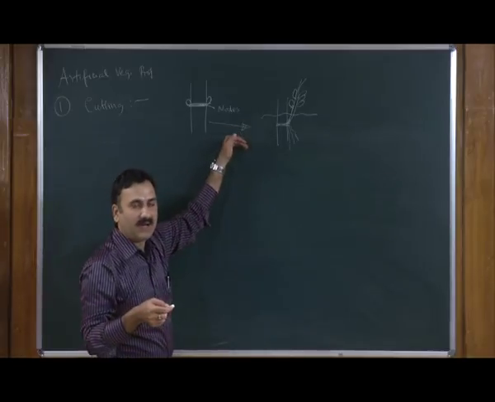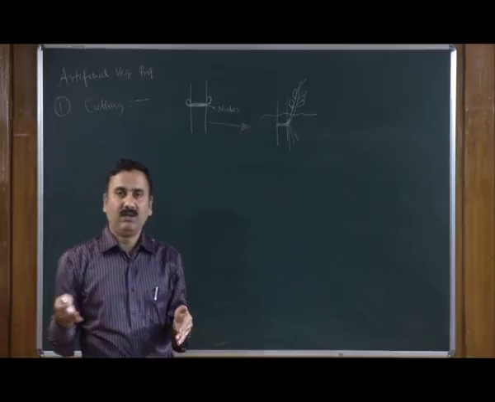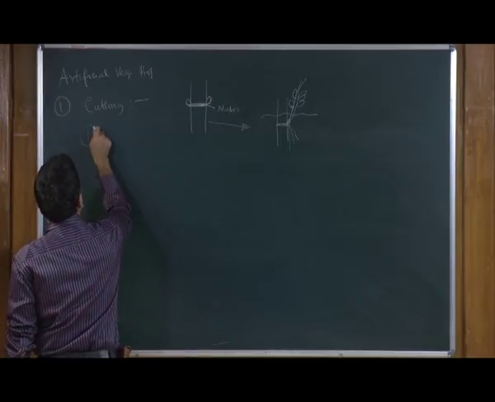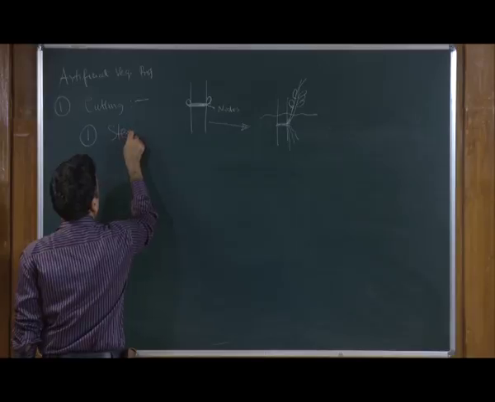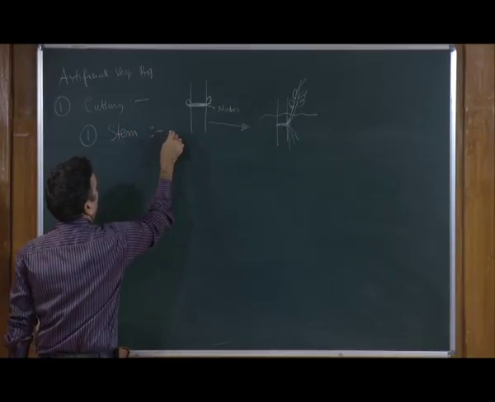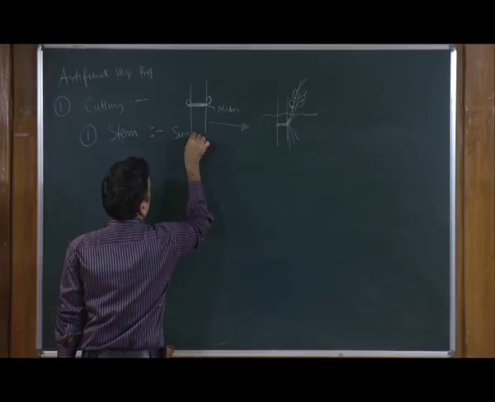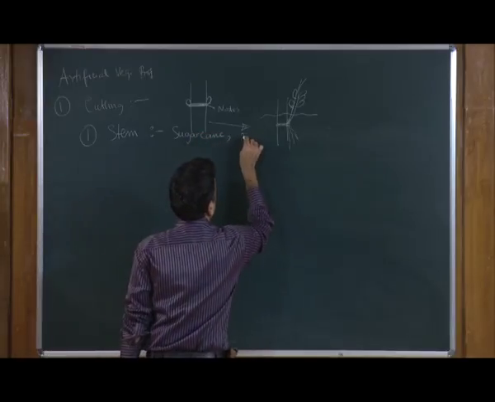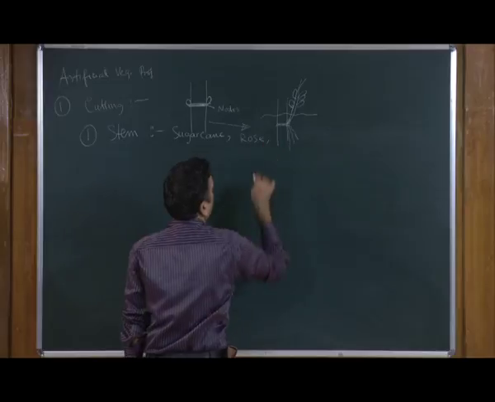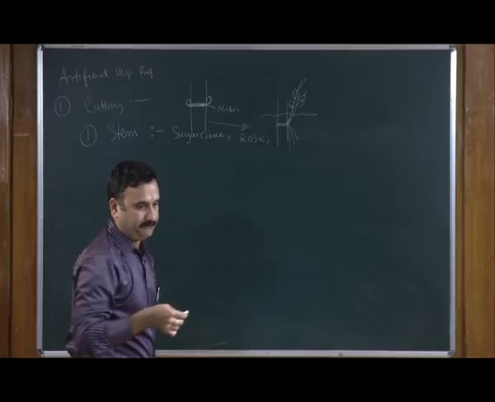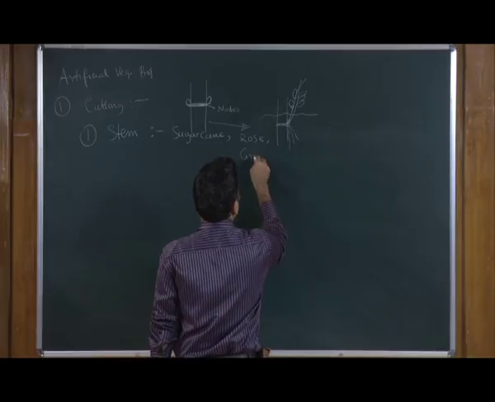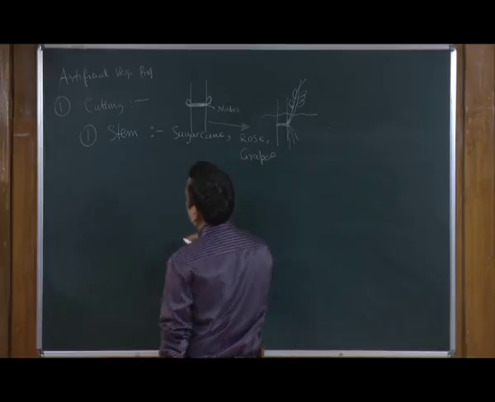Then you start developing plantlets. Exactly the same thing can happen with the different plant parts, and the classical examples are: in the case of stem, you have sugar cane, rose, and grapes.